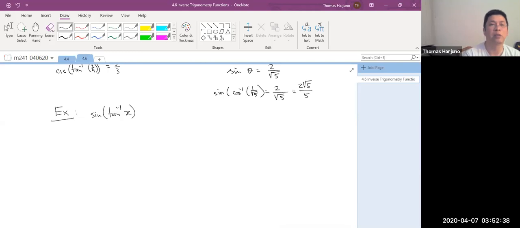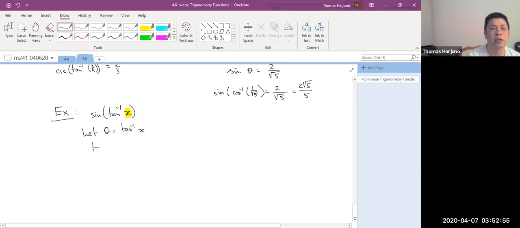We will do the same procedure. The difference is earlier we had numbers in this position, right now it's an x, but the idea is still the same. Let theta equal tangent inverse x. So tangent theta equals x, or x/1.